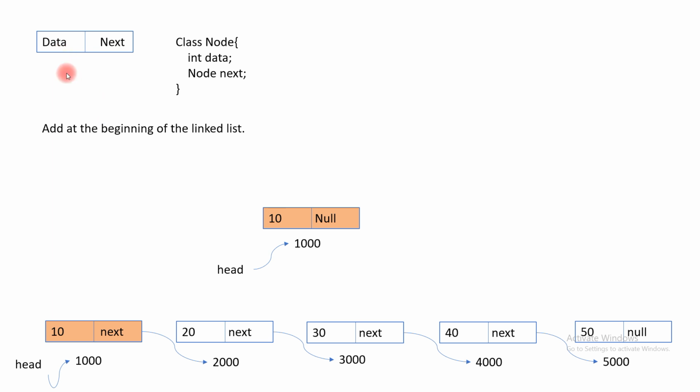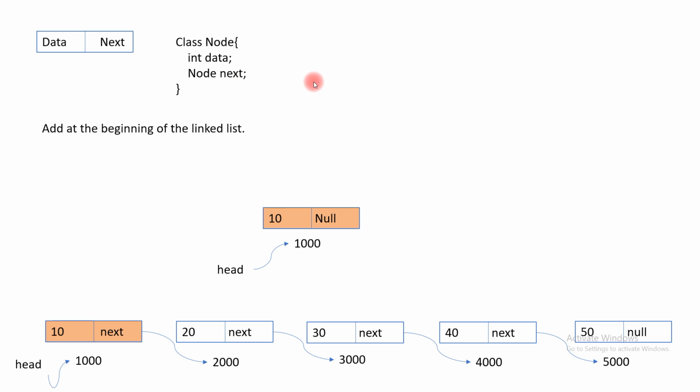For simplicity, I have kept only one data, which is of type int, in this data part, and this next variable will hold the address of the next node. So we can create a class called Node which will have a data variable and a next variable which is going to hold the address of the next node.